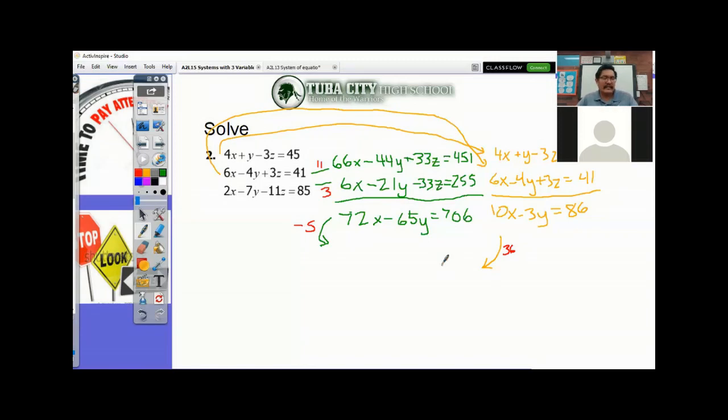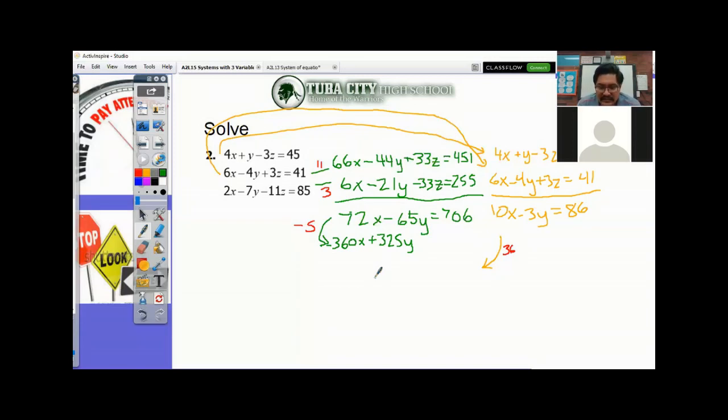And sometimes it is kind of tough to see what's going on. So 72 times 5 is 360. And 65 times 5 is 325. And I also got to make sure that I put the negative in there too. So in this case, it looks like I almost forgot the negative. I didn't forget it on the y though.